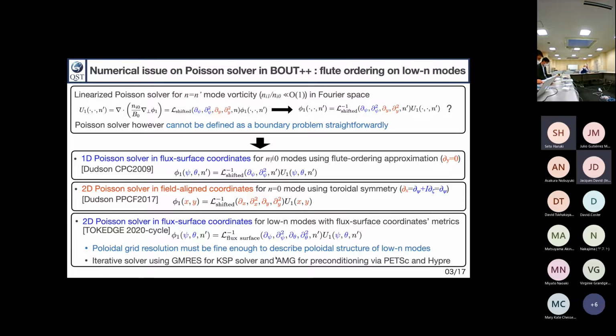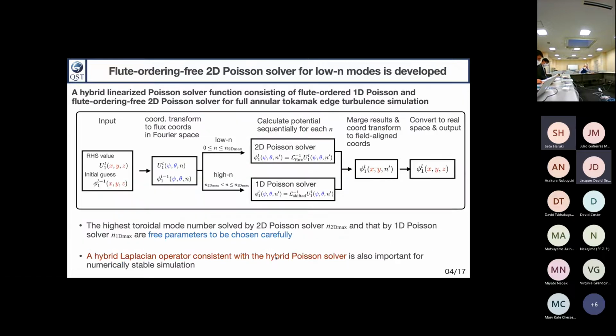And this solver employs the GMRES method for Krylov subspace solver and the algebraic multigrid method for preconditioning via PETSc and hypre libraries. The workflow in a hybrid Poisson solver using both flute-ordered and flute-ordering-free Poisson solvers is summarized in this figure.